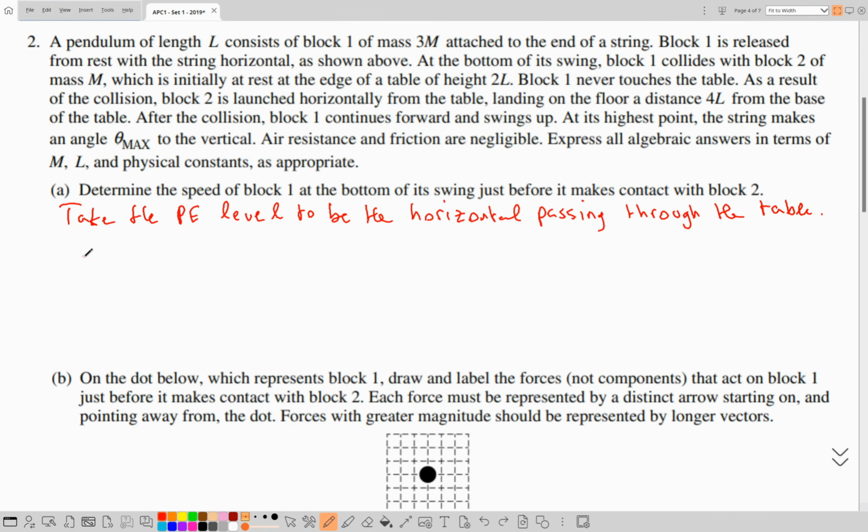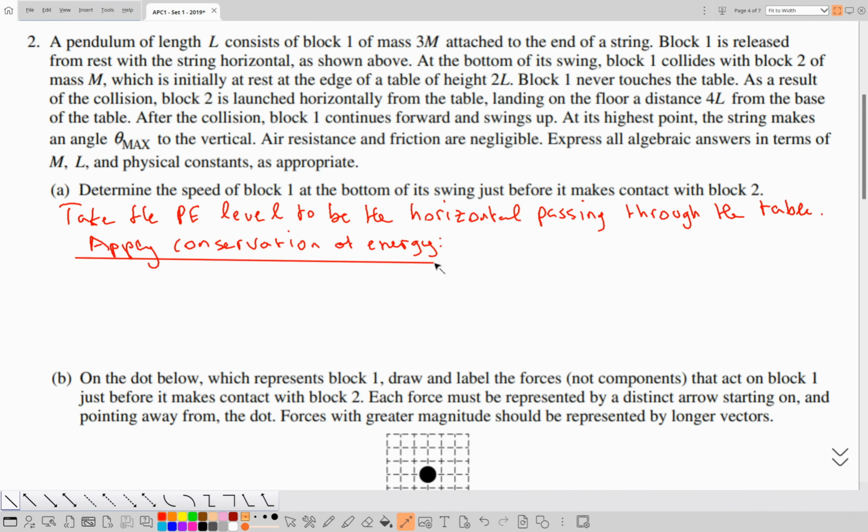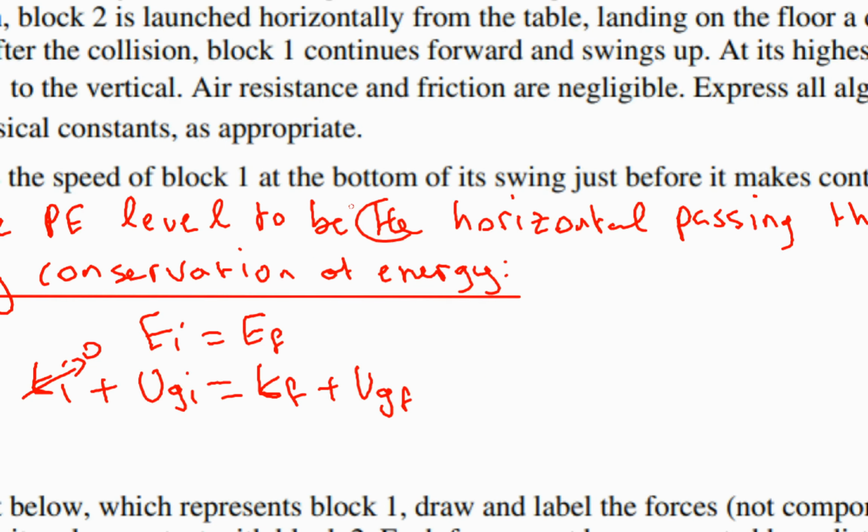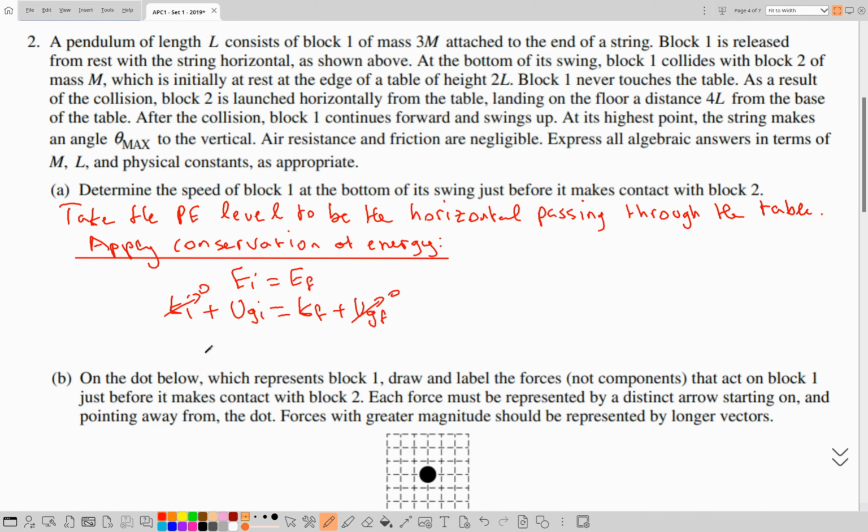And for this reason, because we're applying a big law, let me apply the conservation of energy, which means energy initial would be equal to energy final, and energy is about kinetic and gravitational potential energy. Now block 1 is released from rest, so the initial kinetic energy would be 0, and based on our choice, the final gravitational potential energy would be 0.